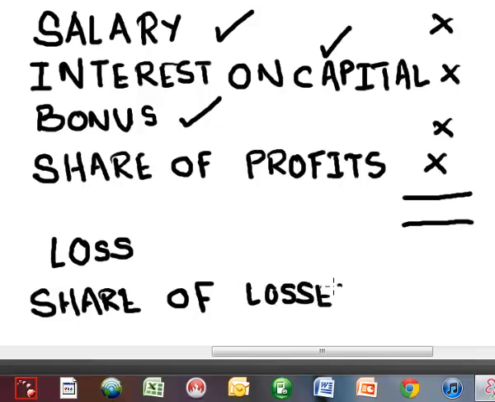In other words, when you are doing your calculation, that would be a negative, indicating that you must subtract from the entire permutation. So yes, you would add your salary, your interest on capital, and your bonus, but instead of adding the share of profits, in this case you would subtract the share of the losses.